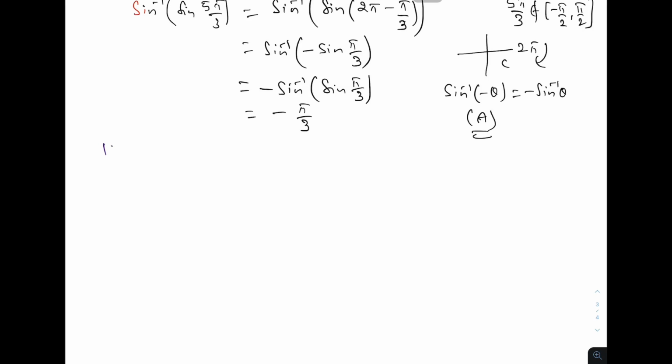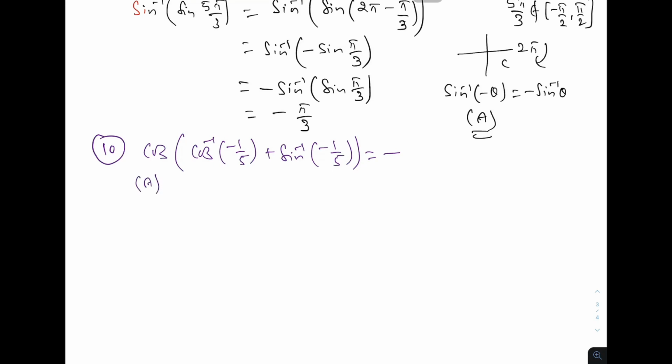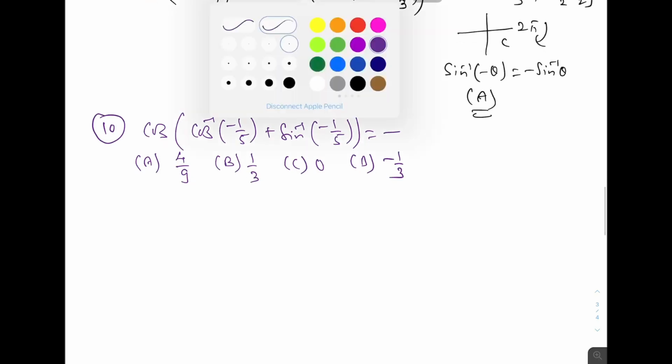Okay, let us take one more. Next, cosine of cosine inverse minus 1 by 5 plus sine inverse minus 1 by 5 is blank. Options are 4 by 9, 1 by 3, 0, minus 1 by 3.